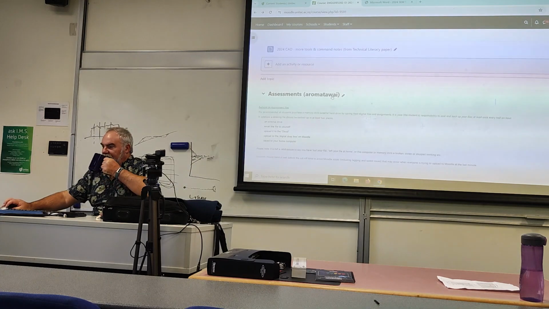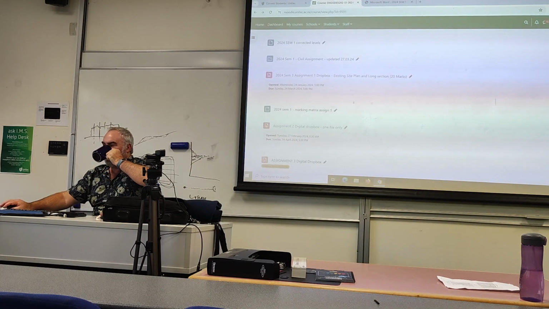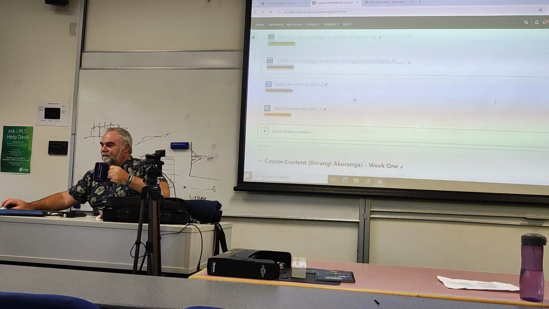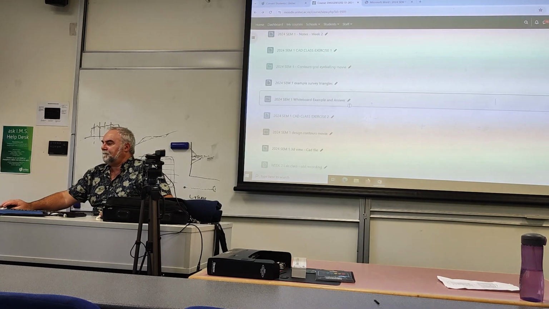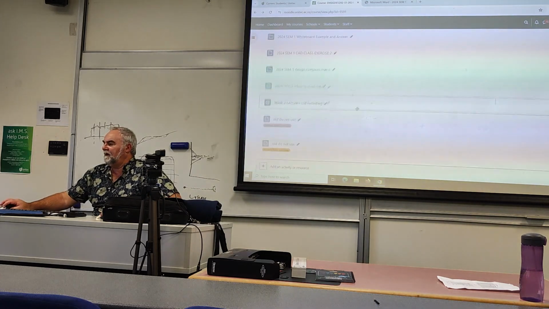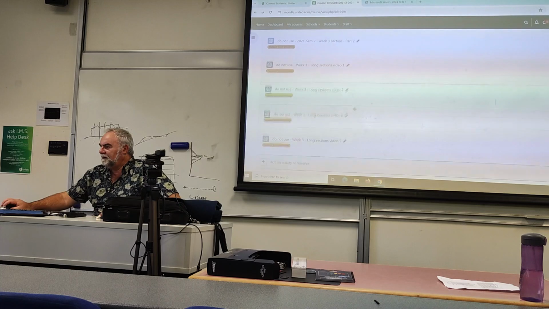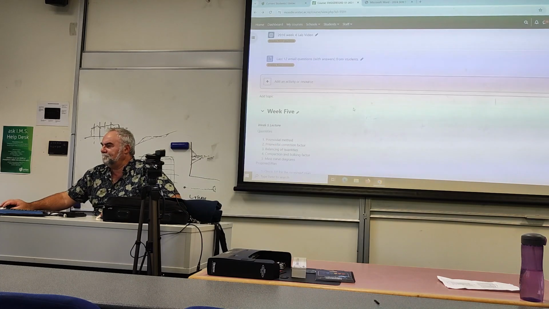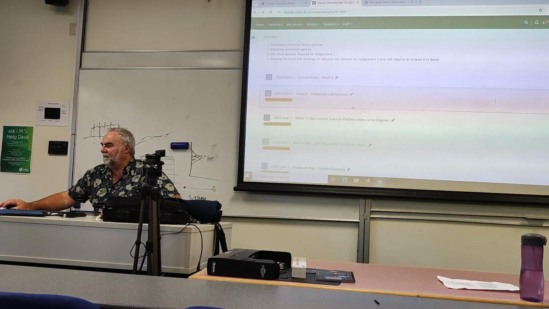Scroll left. So further down on week 5, mass curve diagram.